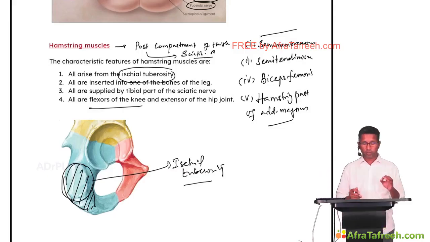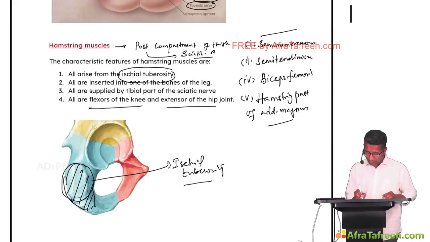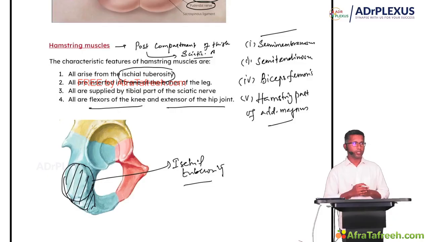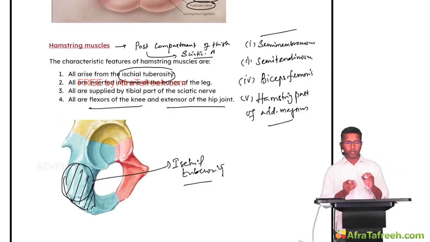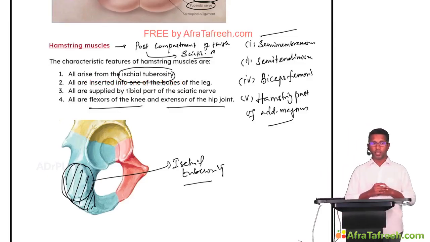In addition, they are weak extensors of the hip joint. They are the chief flexors of the knee joint, and all these are supplied by the sciatic nerve, okay.